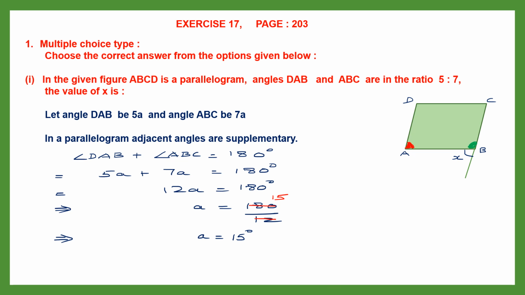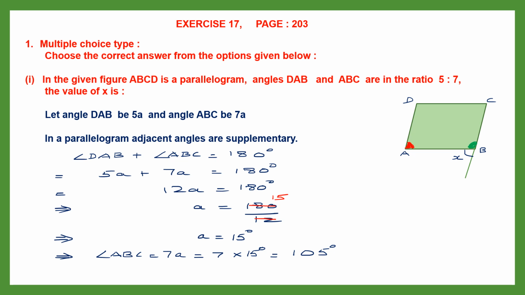So first we can say angle B or angle ABC. Angle ABC, we said is 7A, which is equal to 7 into A and A is 15 degrees. And 7 into 15 is 105 degrees.